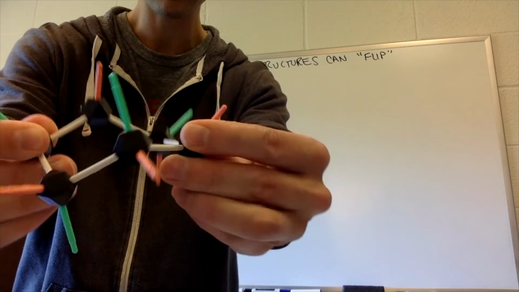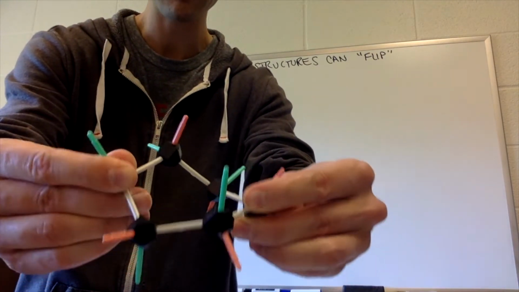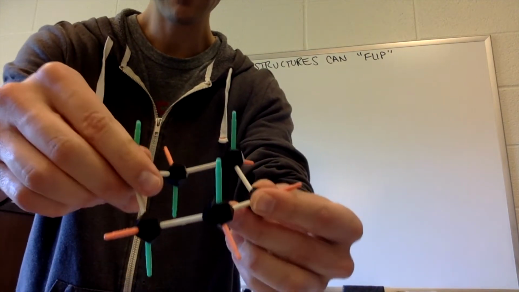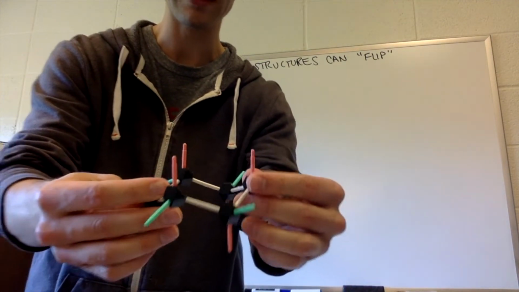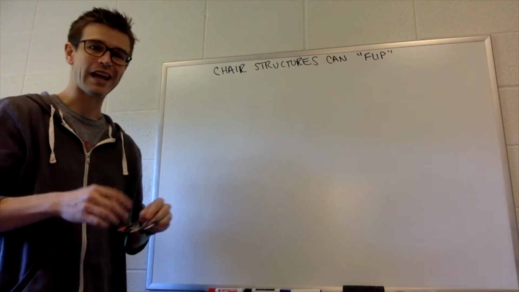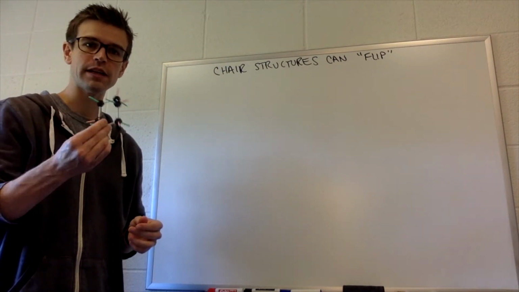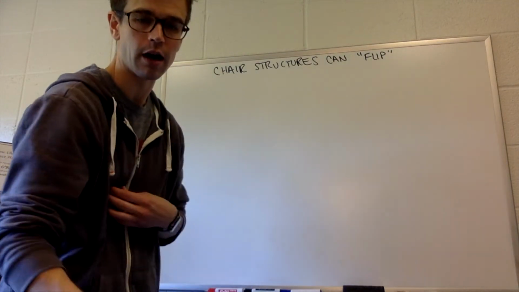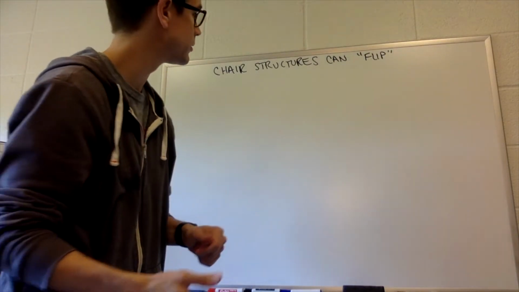We can still kind of jostle this around, and because of that, just like there were in Newman projections, there are more stable conformations of cyclohexanes, just like there were more stable conformations of acyclic molecules.